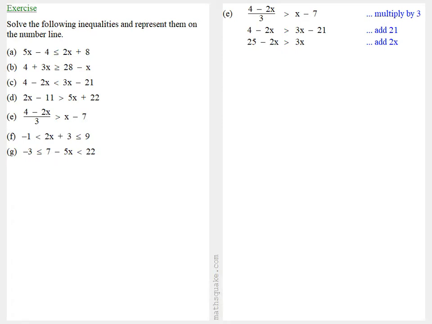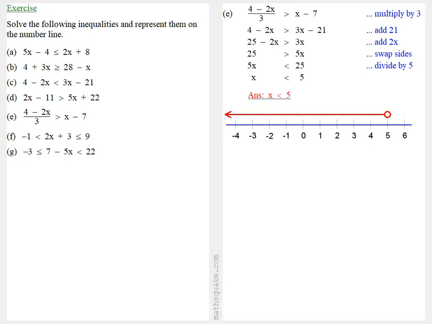If we add 2x to both sides, we end up with 25 is greater than 5x. Now if we swap the sides, that gives us 5x is less than 25. We have to change the direction of the inequality if we swap the sides. Dividing by 5 gives us x is less than 5, and that's our answer.